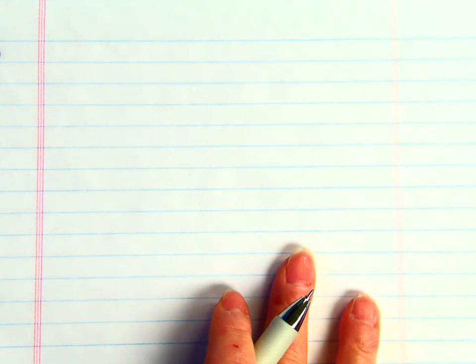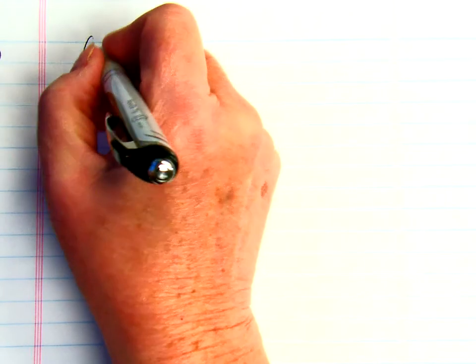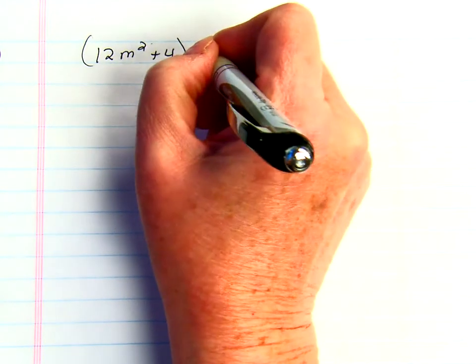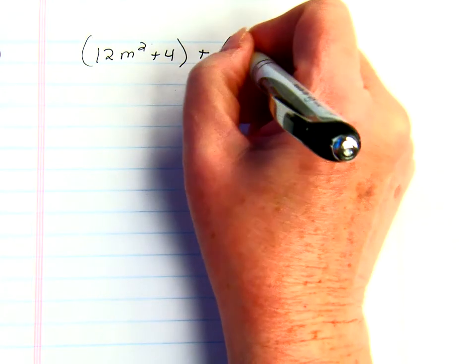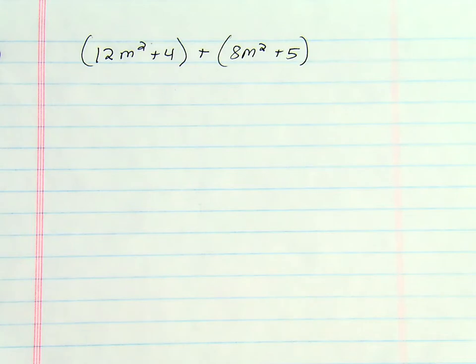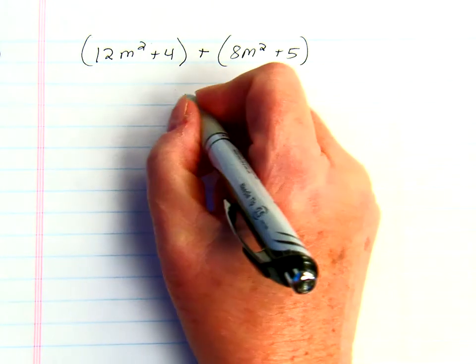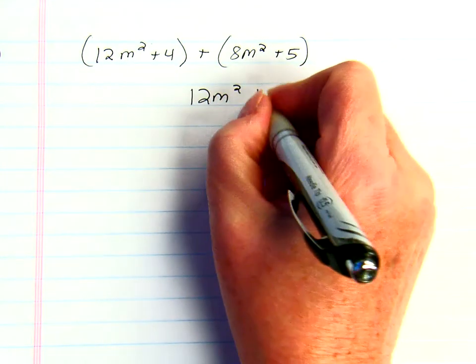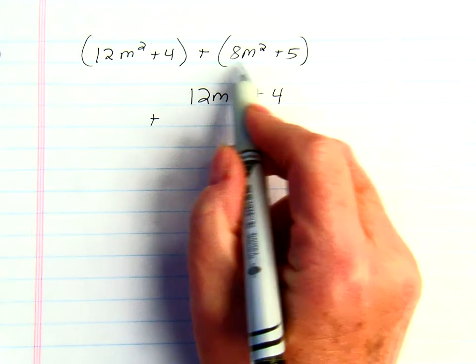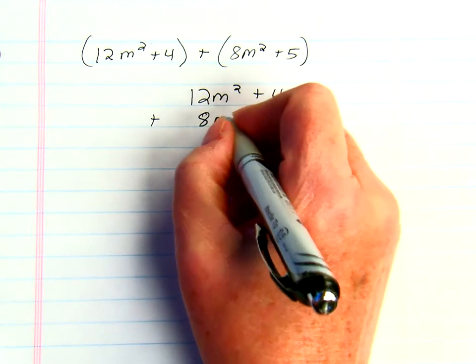Let's look at combining 12m squared plus 4, and we are going to add to that 8m squared plus 5. When I put this together vertically, I make sure that things that are alike are on top of each other. So I've got 12m squared plus 4, and I'm adding 8m squared plus 5.